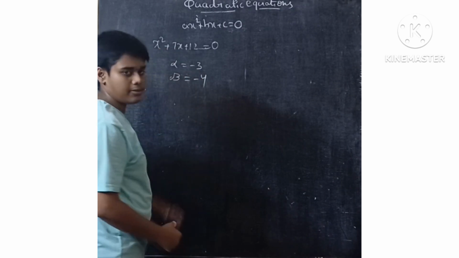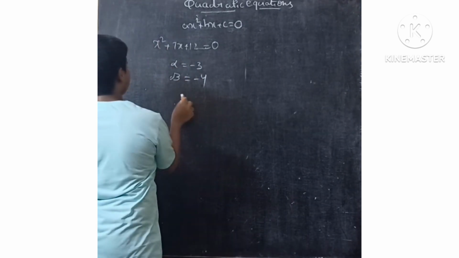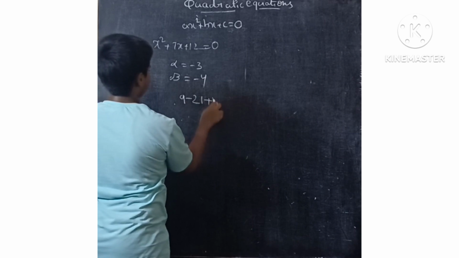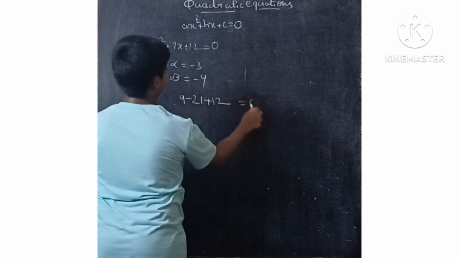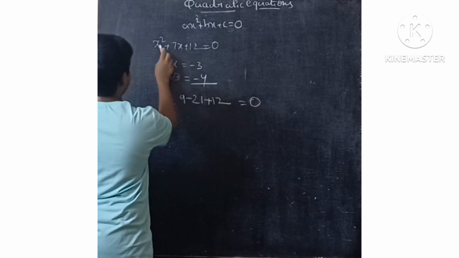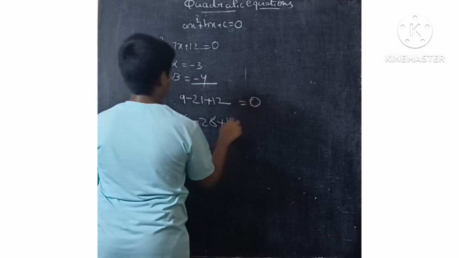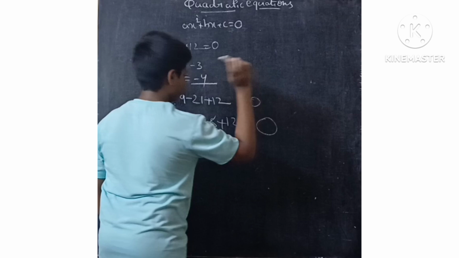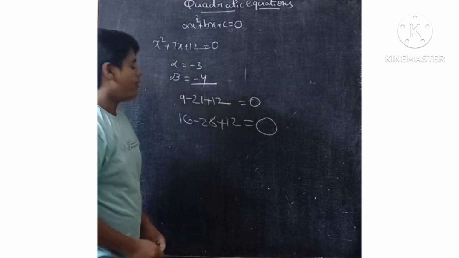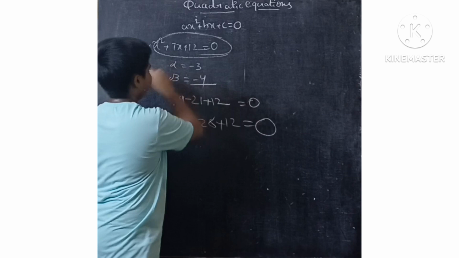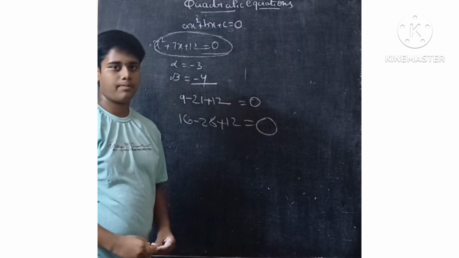Keep minus 3 in this, which means minus 3 whole square 9, 7 into 3 minus 21 plus 12, which is nothing but 0. And keep minus 4, so minus 4 whole square 16 minus 28 plus 12, that is nothing but 0. Okay, for making this whole value 0, that is known as roots.